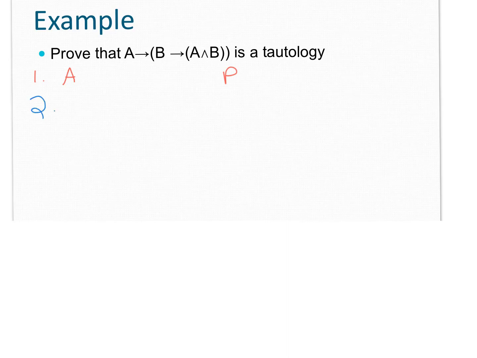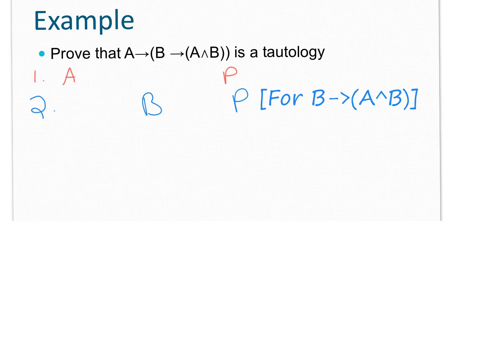So what am I trying to do here? Well, I need to have this B implies A and B in order to get anywhere, right? So what I'm going to do is try, in my subproof, let's just assume as a premise that B, right? And then the question is, can we get to A and B if I know B? And well, look at that.